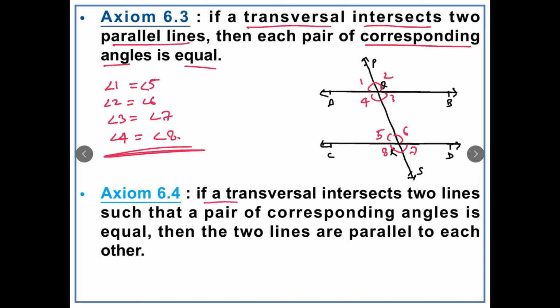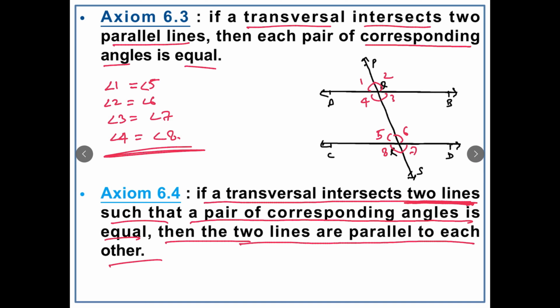It says if a transversal intersects two lines, see here he is not just talking about parallel lines, such that a pair of corresponding angles is equal, that means at least one pair of corresponding angles has to be equal, then the two lines are parallel to each other.